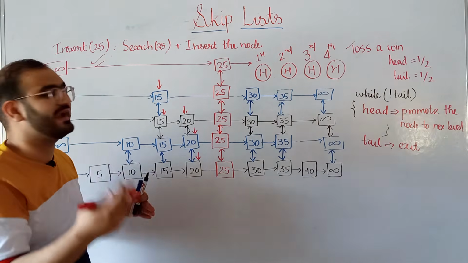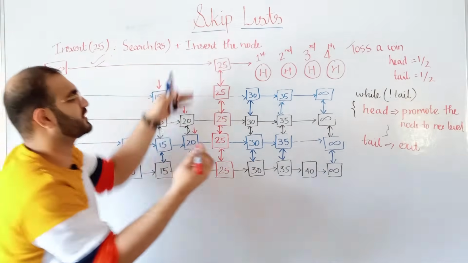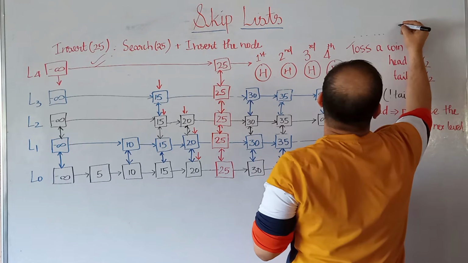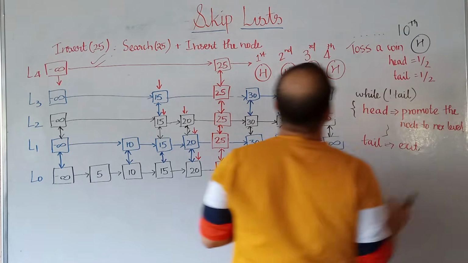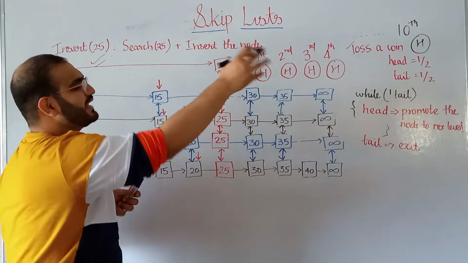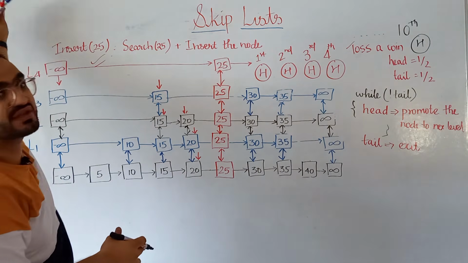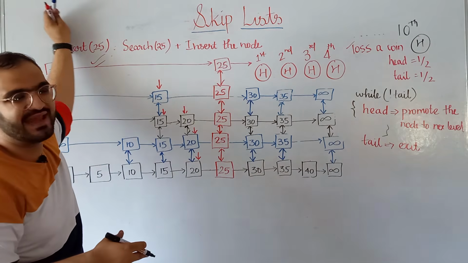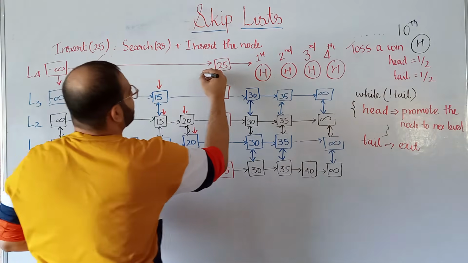And again if I get a head, and in this way I get a head for another 10 times, suppose until the 10th time, so 5th, 6th, 7th and 8th, until the 10th time I get head, then I'll have the skip list until L10, and from L4 to L10 each linked list will have just one node, that is 25.